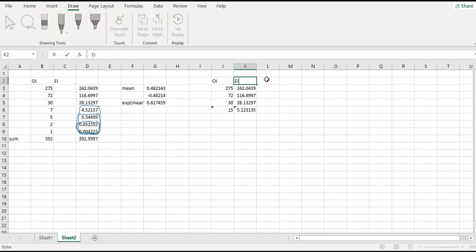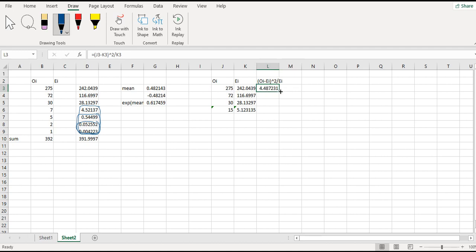And now we are going to apply the chi-square test here. So what is our test statistic? Observed frequency minus expected frequency, squared, divided by the expected frequency. So we do observed minus expected, squared, divided by expected.